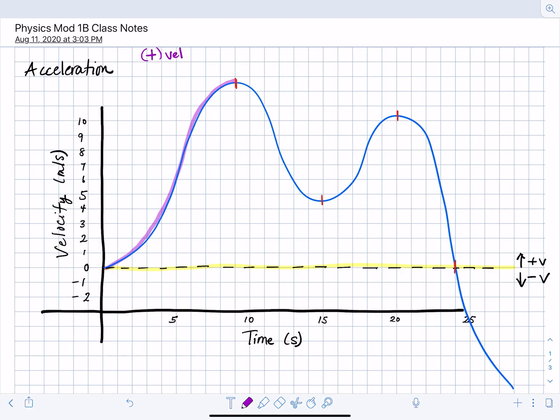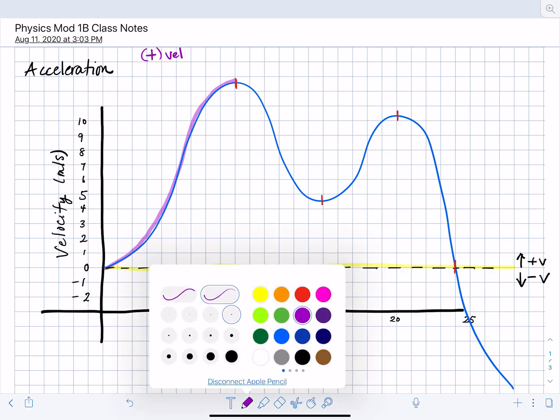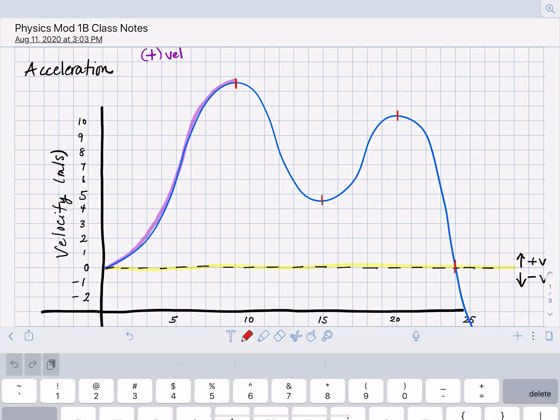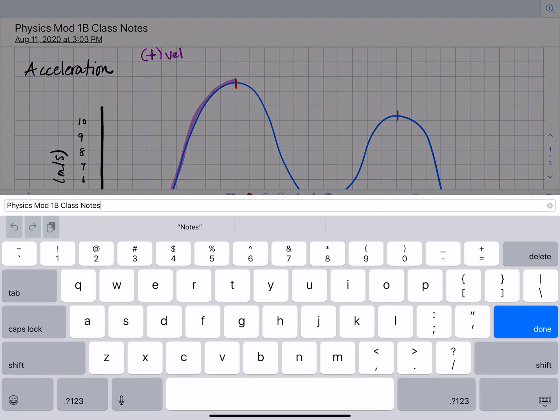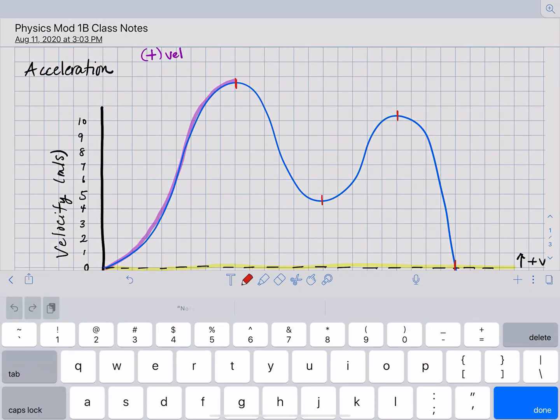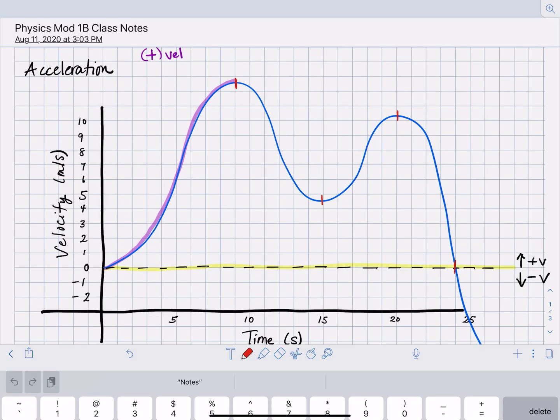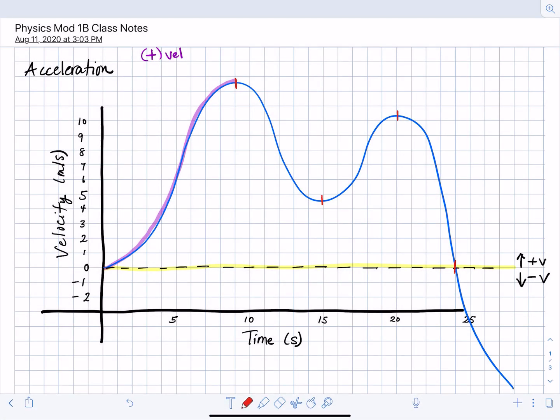I'm going to draw my intervals up here too. So here's my intervals. I've got one there, and here, here, and then here.